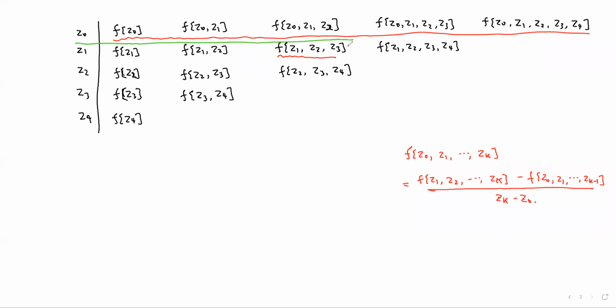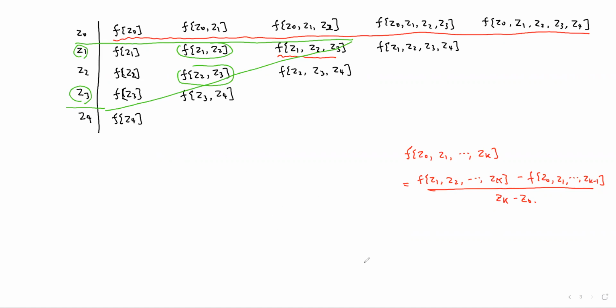Then this entry is equal to this entry minus this entry, over this minus this one, by the formula.